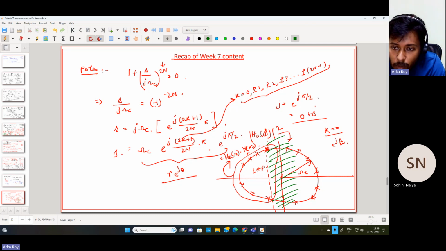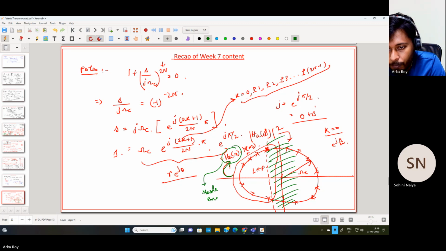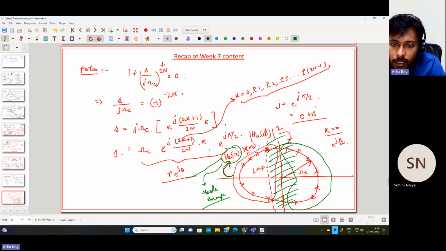So H(s) considers the left half plane poles, and this system is stable. And H(-s) will consider the poles which are lying in the right hand side part. If I multiply these two, I will get the whole system. So effectively, my system is now stable.